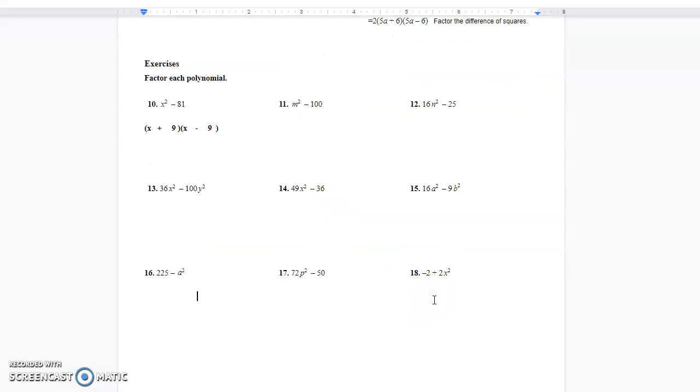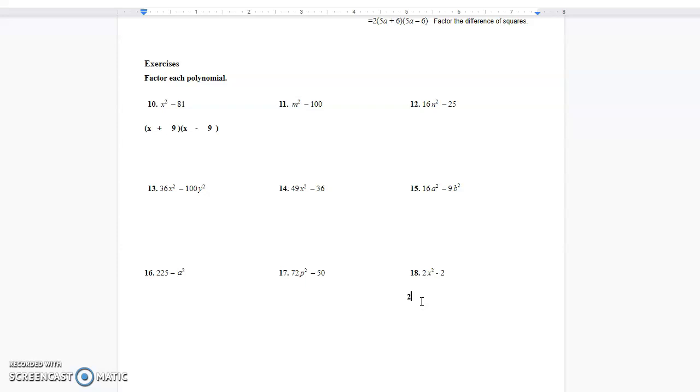All right, so 18, I'm going to do this one. Let's rewrite it. Minus 2. Now, notice both of these are divisible by 2.